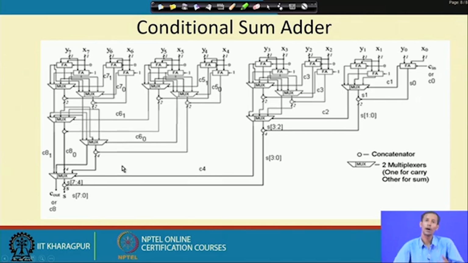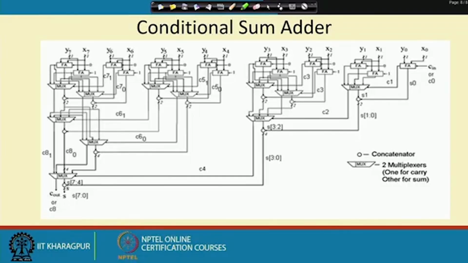That means though I am increasing the number of bits, my delay is not increasing that much. For 32 bit, the delay increment will be just one multiplexer delay.